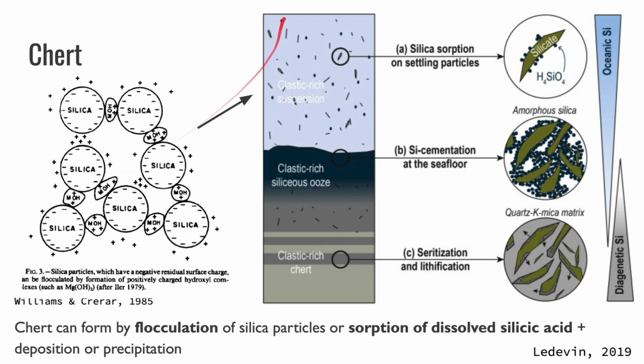This happens in the water column. The dissolved silicic acid, so you see H4SiO4 over here, will adsorb onto settling particles like the silicate, and on the seafloor, the siliceous ooze that accumulates becomes cemented by the concentrated dissolved silica until eventually you get a clastic-rich chert. It's clastic-rich because it has these silicates in it.